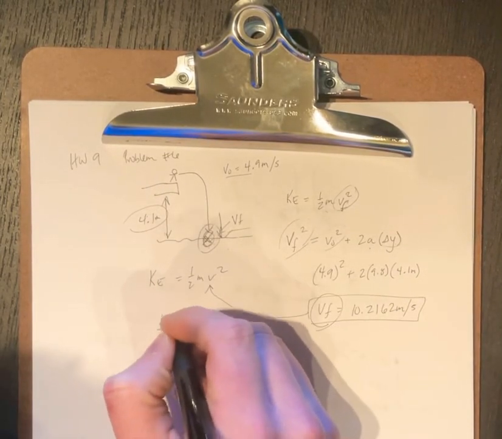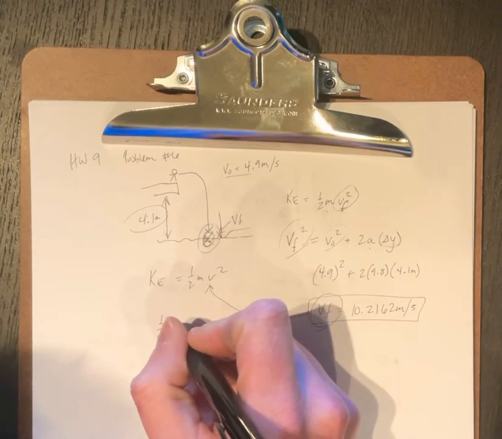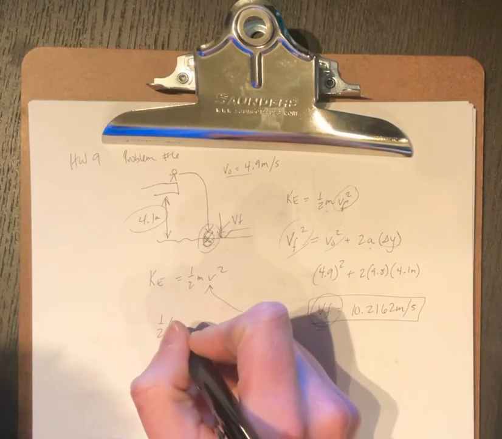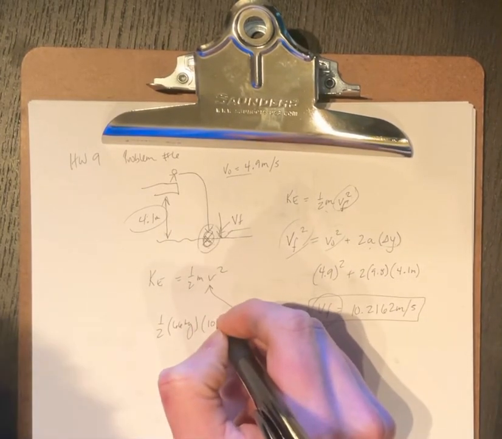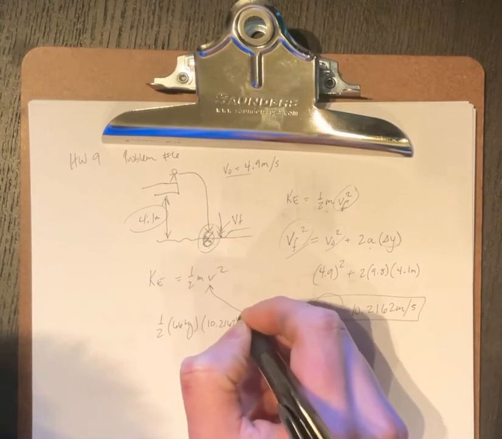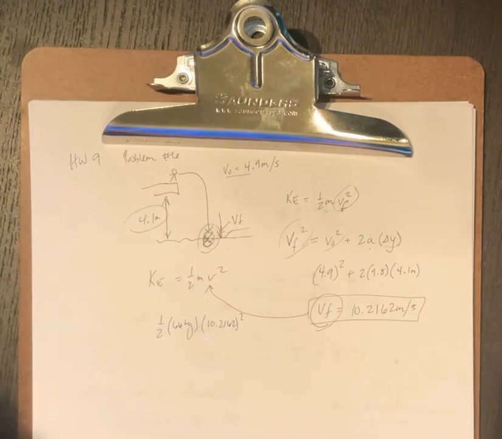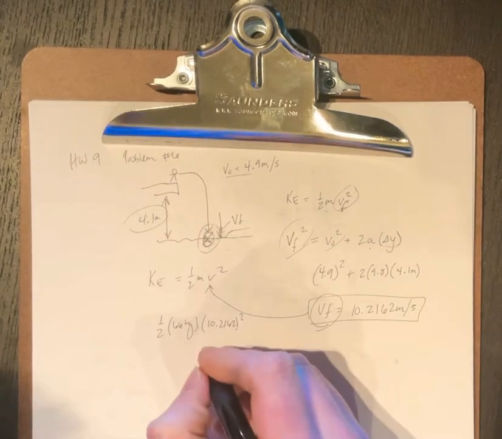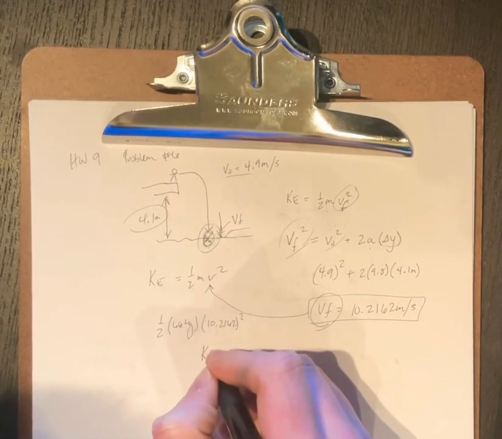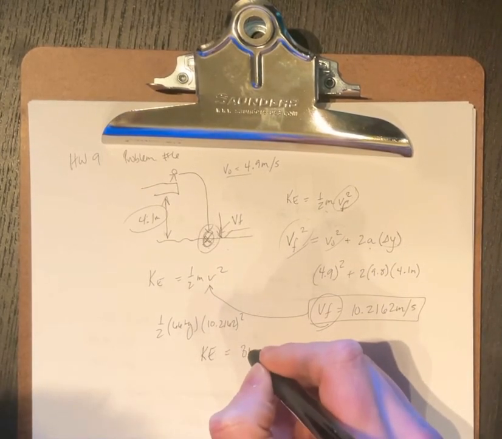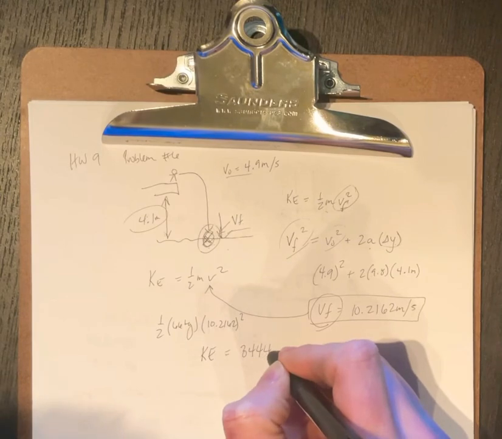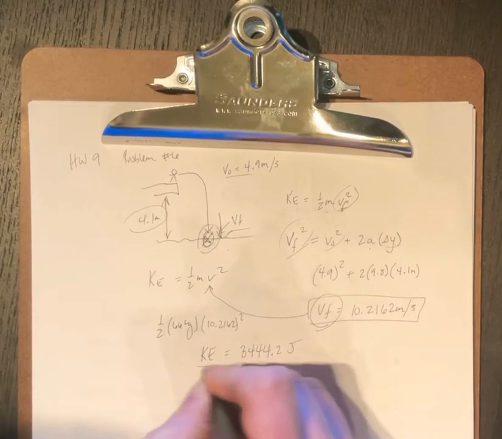So 1/2, and the diver's mass was 66 kilograms, times 10.2162 squared. So we calculated a kinetic energy as the diver is hitting the water of 3444.2 joules.